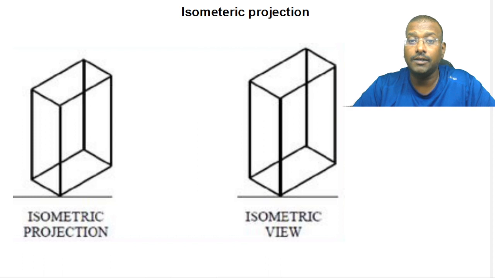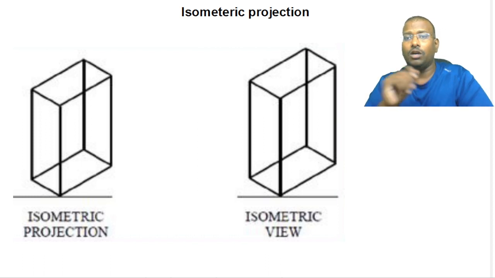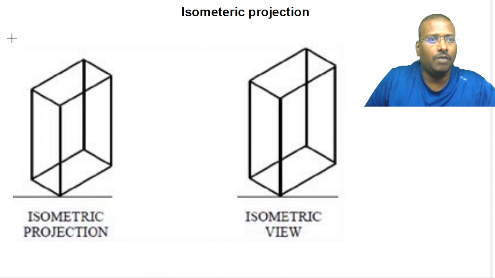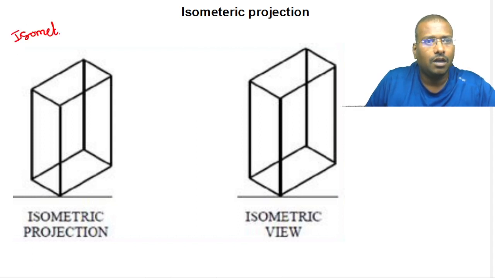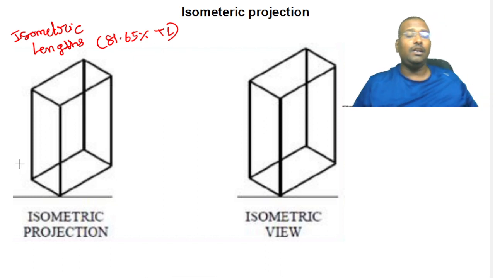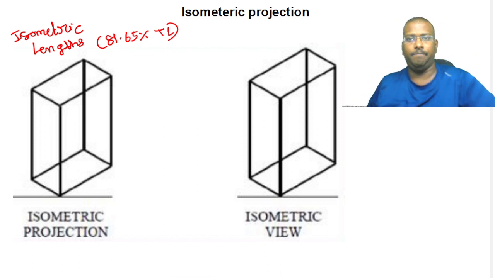So what is this, sir? Whenever you are considering isometric lens, that is 81.65% of true length, then the diagram is called isometric projection.